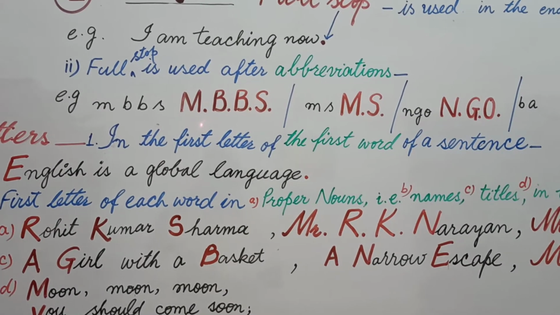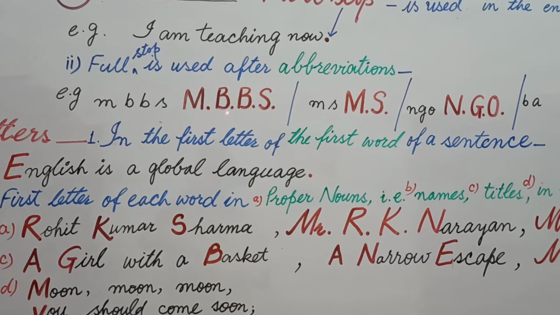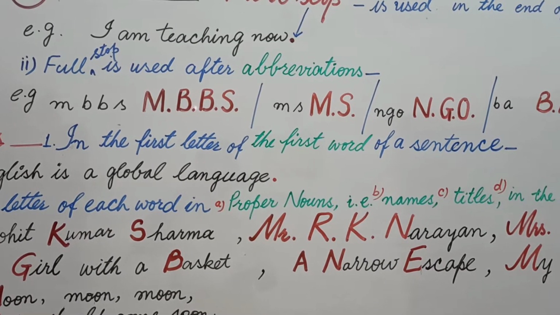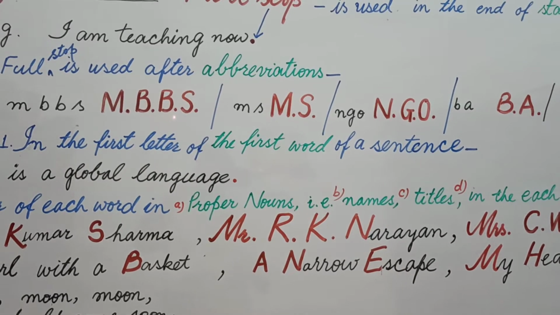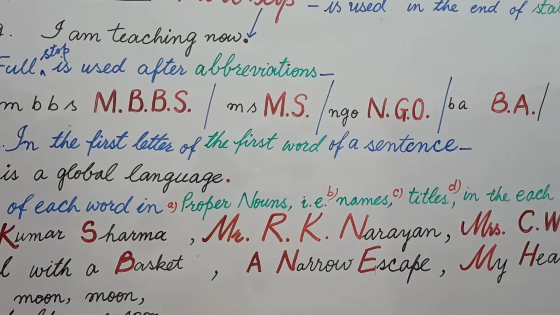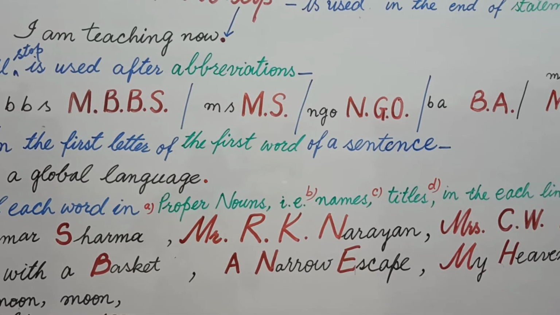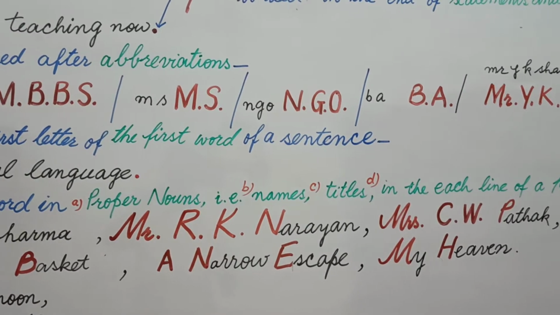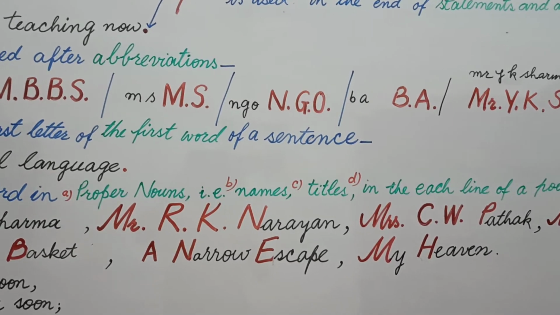Whenever you write any degree that is used as an abbreviation, you use capital letter and full stop, capital letter and full stop, in this way: M dot B dot B dot S dot, MBBS; M dot S dot, MS, Master of Surgery; N dot G dot O dot, NGO. Students, after every letter we use a full stop.